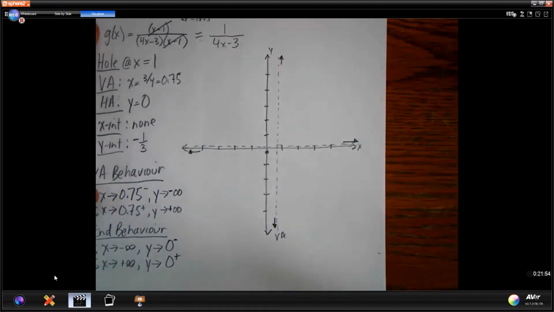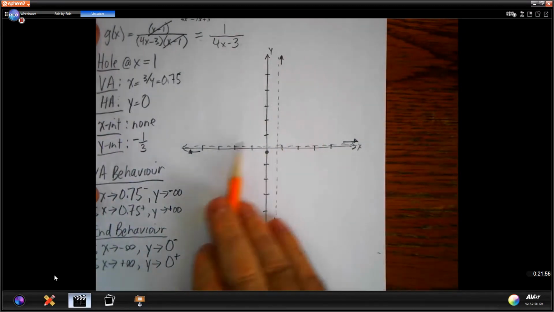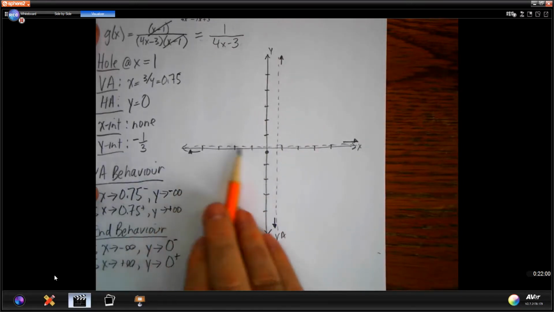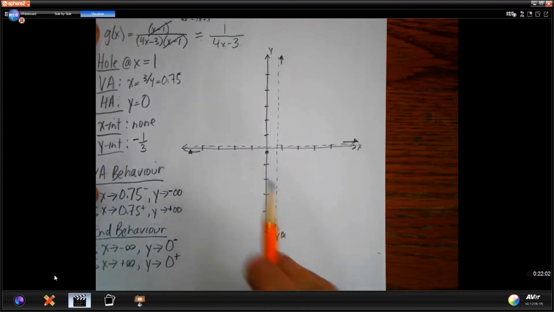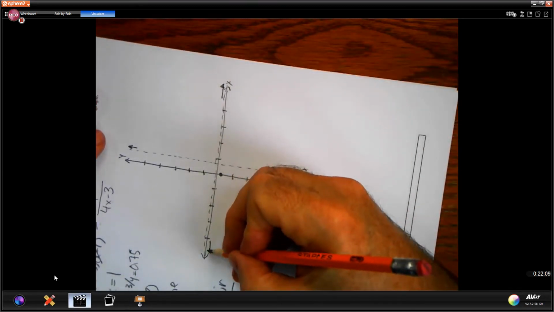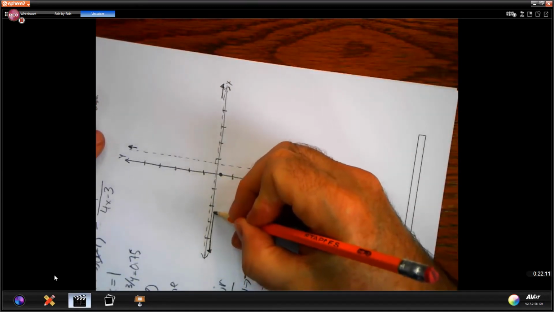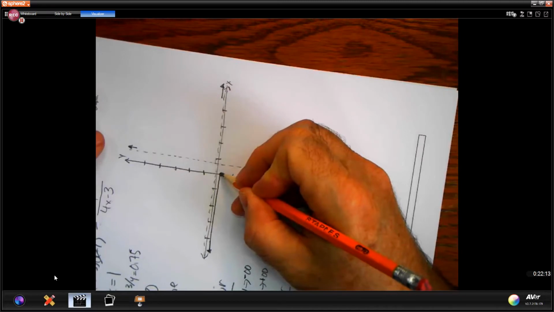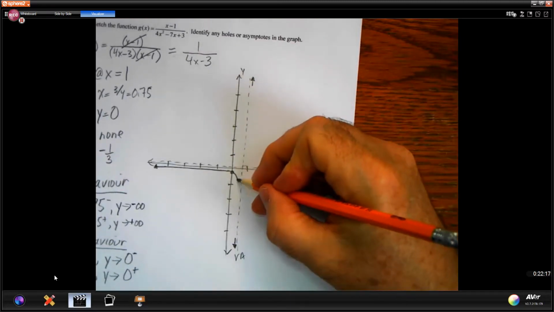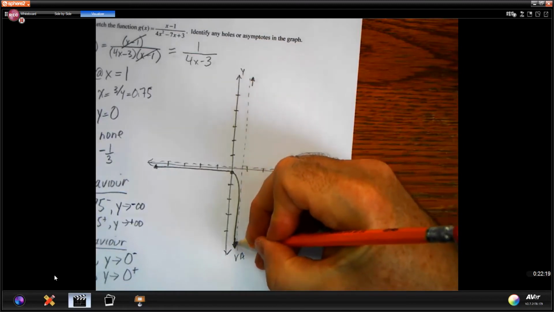Now I'm always going to start in the zone where I have the most information, and that would be this zone down here. I've got two arrows, and I've got my one and only point. So I'm going to turn this sideways so I can do a better job. This has to come out here and then take a sharp turn to go down to negative infinity.